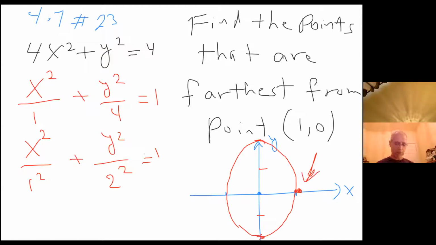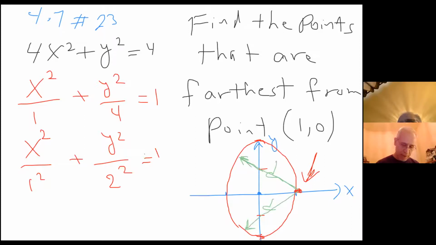So the question is, what points are the farthest? It seems from this drawing that one point is sort of here and the other point sort of here. Those two points have the most distance, D for distance, from the point (1, 0).